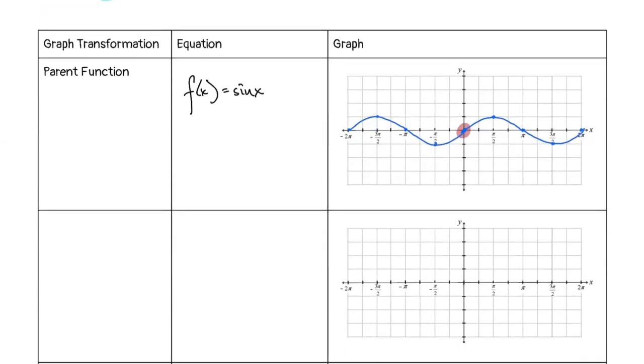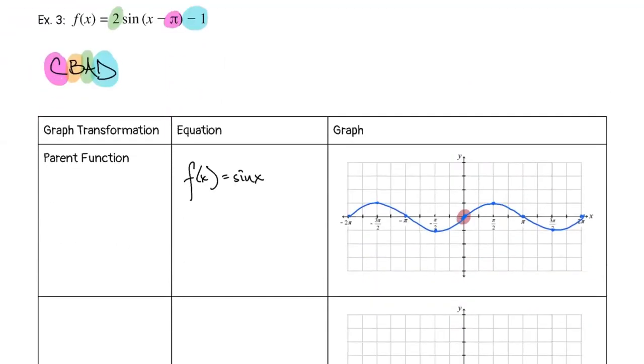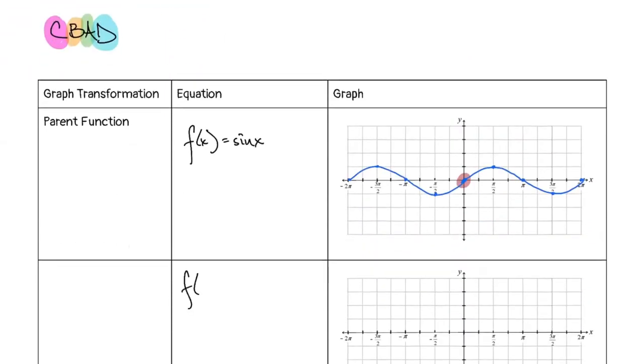All right. So we have a C value. So this negative pi here, what does that mean happens to the graph? What does that negative pi do to the graph?